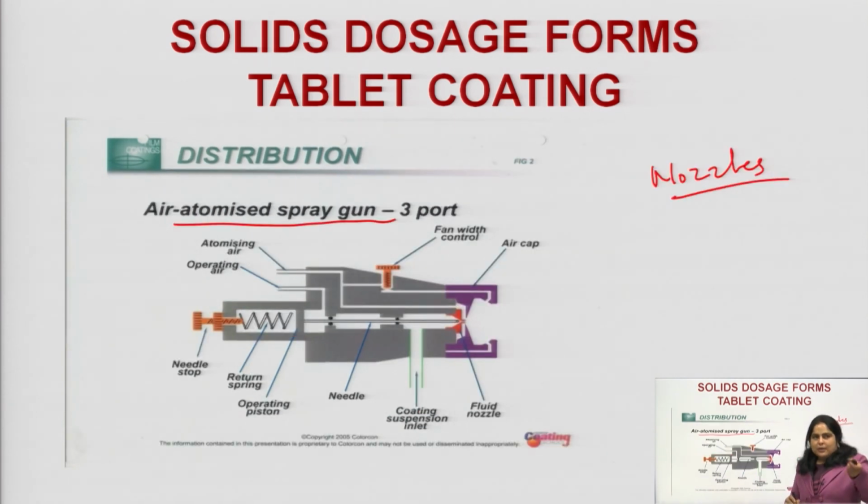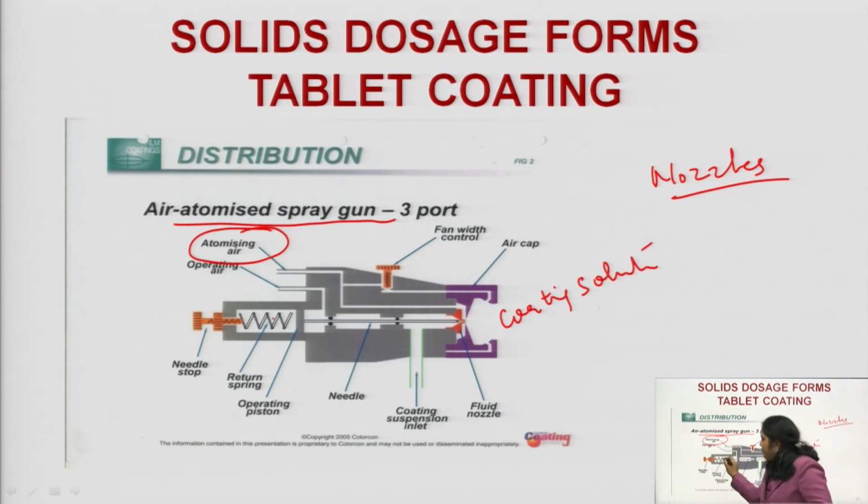And the next one is the air atomized spray gun process. In the air atomized spray gun, air is used for atomization of the coating solution. When we push this spring, vacuum is generated, the coating solution is sucked in, and atomizing air enters from here.